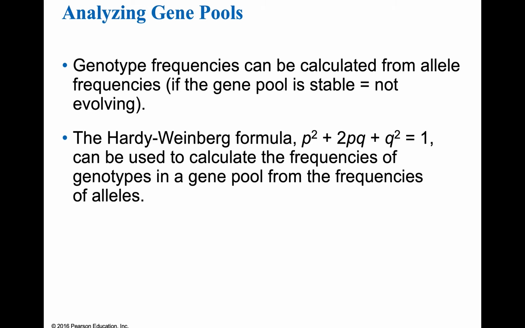It says genotype frequency, but it assumes that the gene pool is stable. So this formula cannot work if you're always having a revolving or evolving change. This gene pool must be a snapshot, so it must be a snapshot at a given point. So let's look at an example.